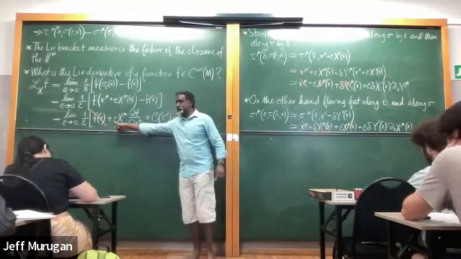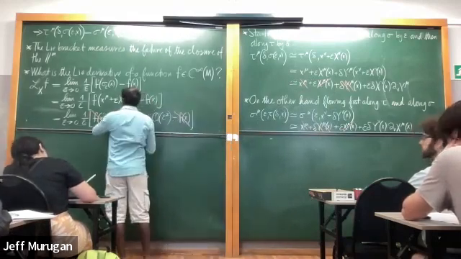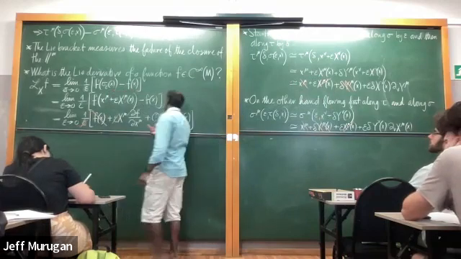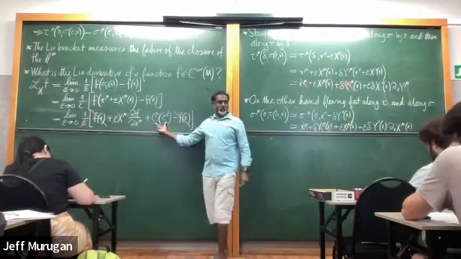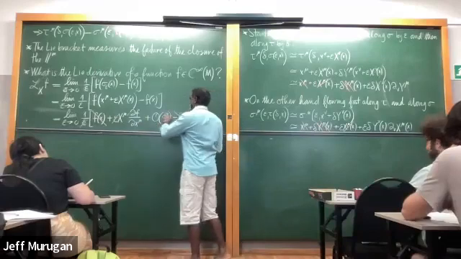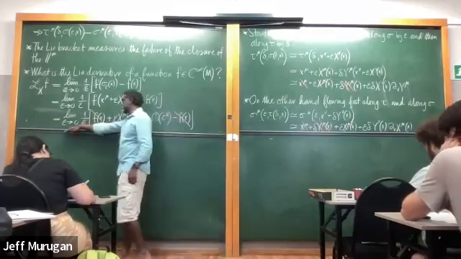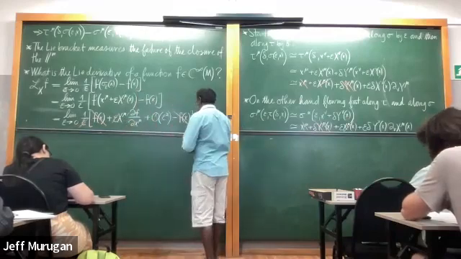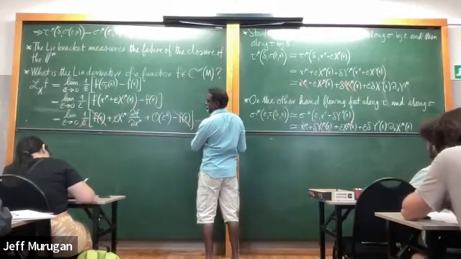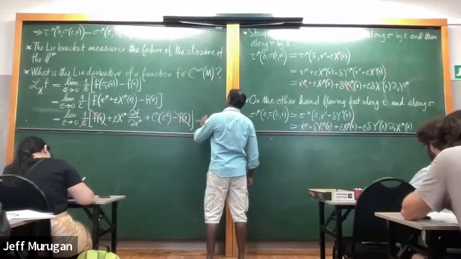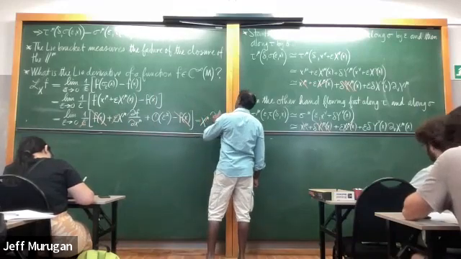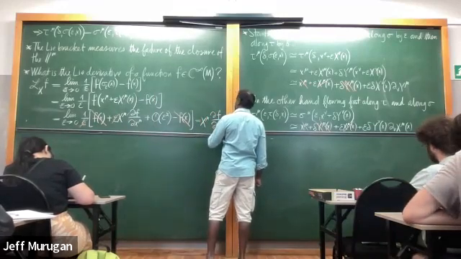This is order epsilon, so this epsilon cancels with this epsilon. And everything here will be at least order epsilon squared when I do that cancellation. And then the limit is epsilon goes to 0, so all of this stuff doesn't matter. Now this is x mu df by dx mu.